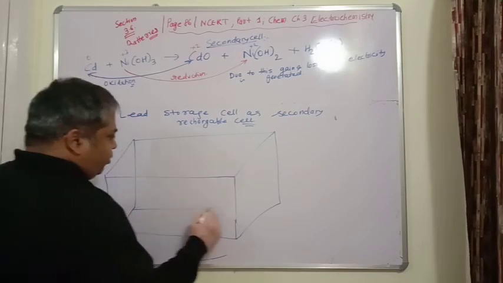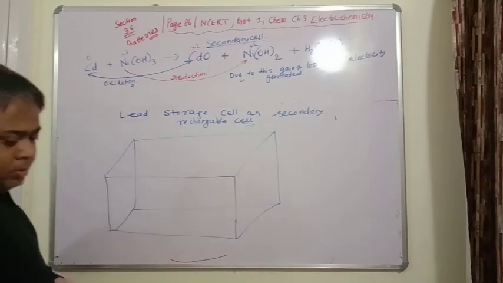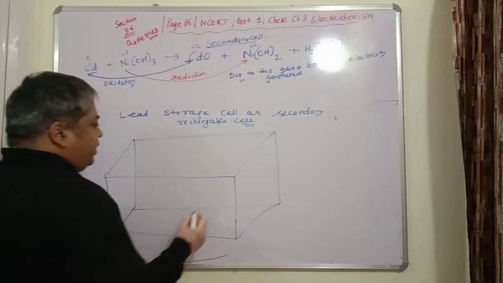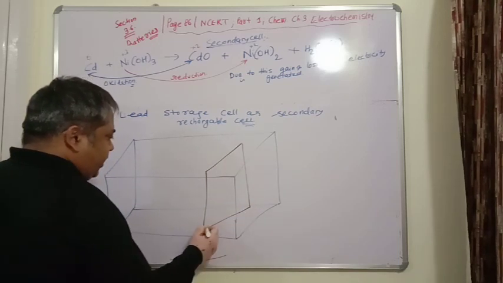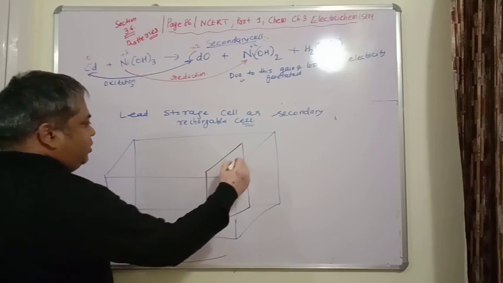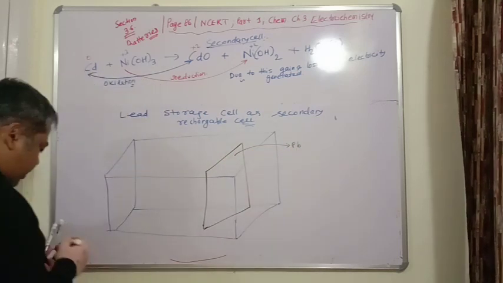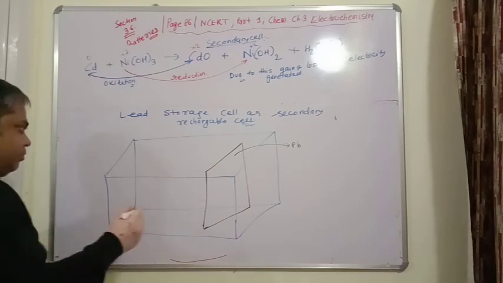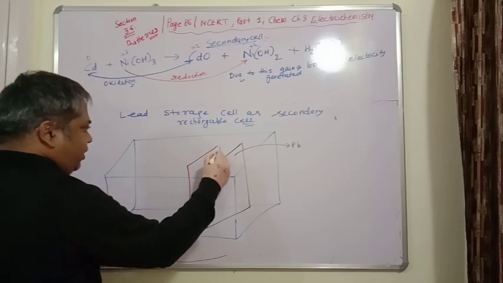So there will be a plastic box, and in that plastic box there will be various plates inside. Like these plates are there. So these plates are of lead Pb alternated with lead oxide.